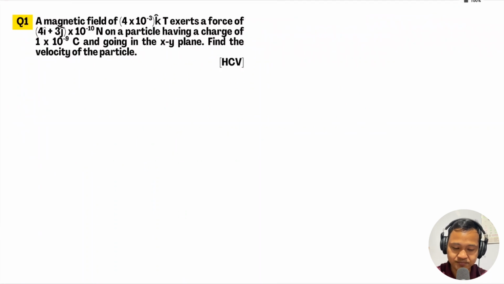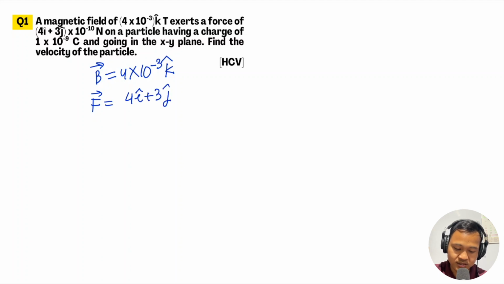Let's solve one question. B is given as 4 into 10 power minus 3 k cap. It exerts a force of (4i plus 3j) into 10 power minus 10 newton on a particle having charge 1 into 10 power minus 9 coulomb, going in the xy plane.